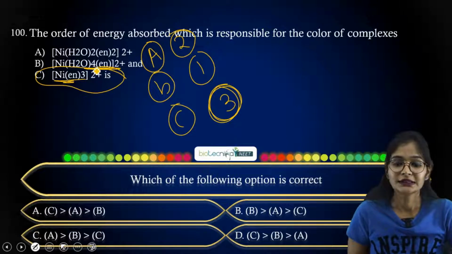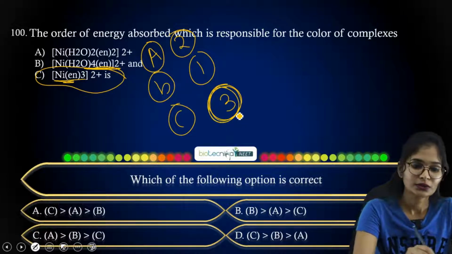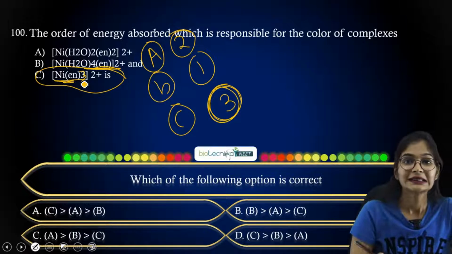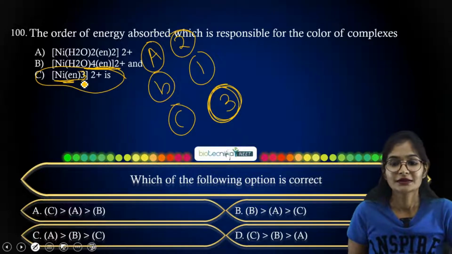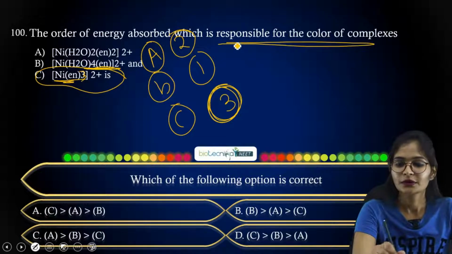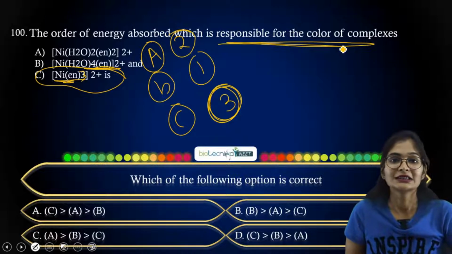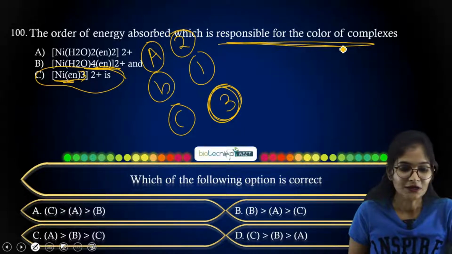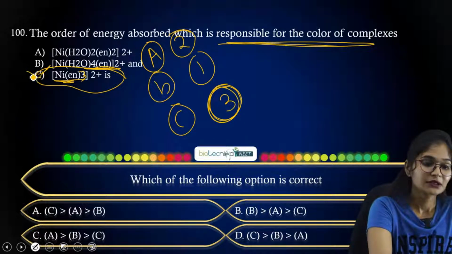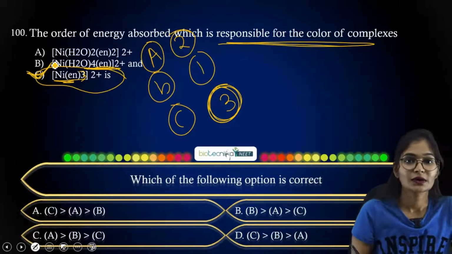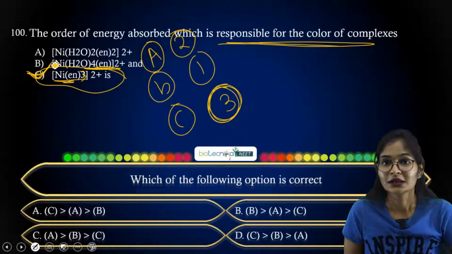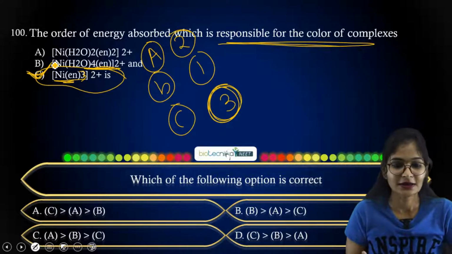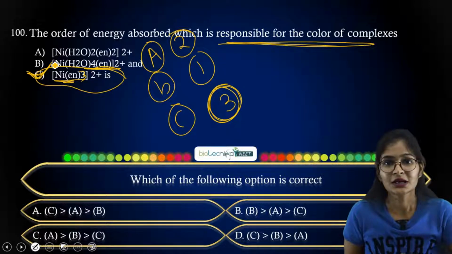Because of these strong ligands, the energy absorption will be more with respect to complex C, so complex C will be exhibiting the color at its highest rate. I mean, it is absorbing energy more.